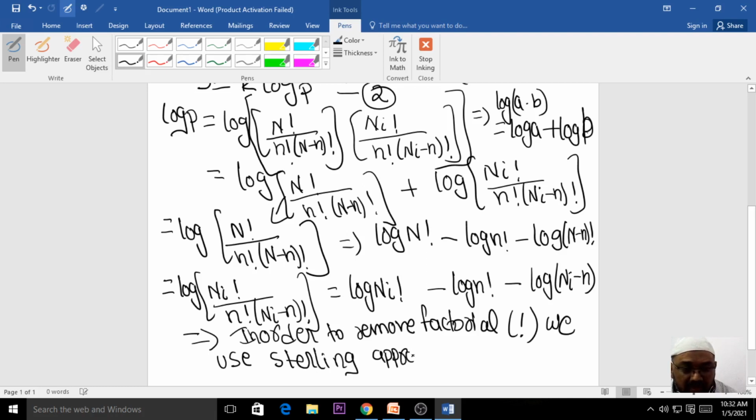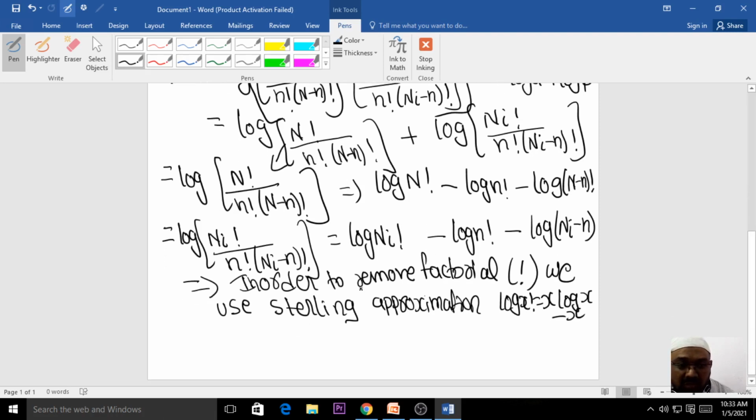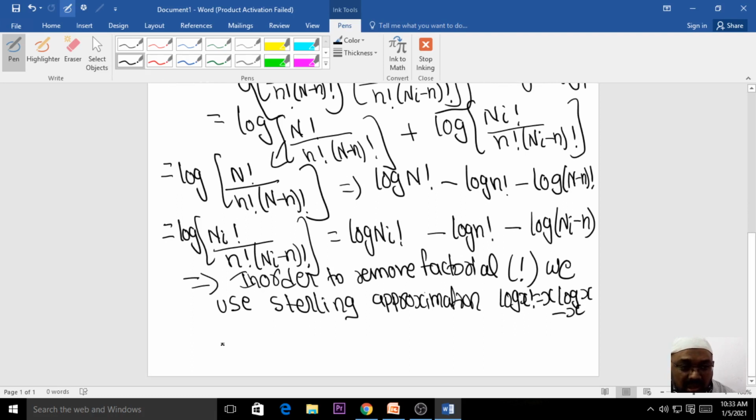What does the Stirling approximation say? Wherever you find the factorial term, log x! can be written as x log x minus x. If the factorial function is there, whatever the term is, you can write it in a very simple form. So if you find log n!, that can be written as n log n minus n.